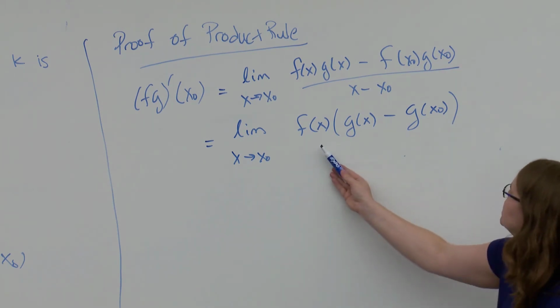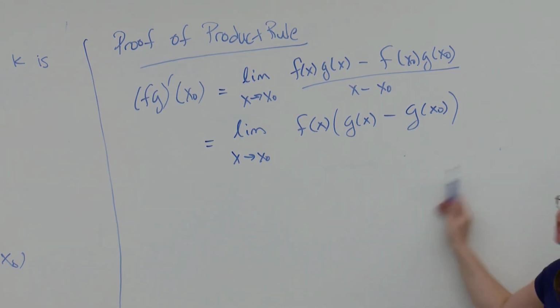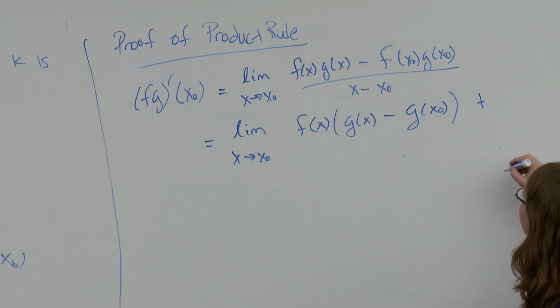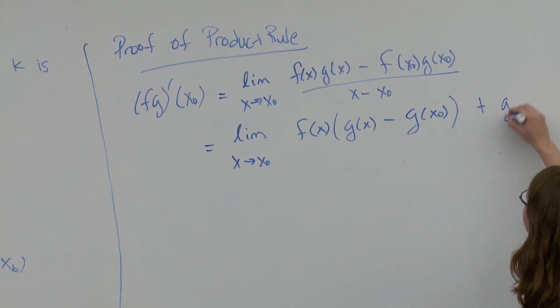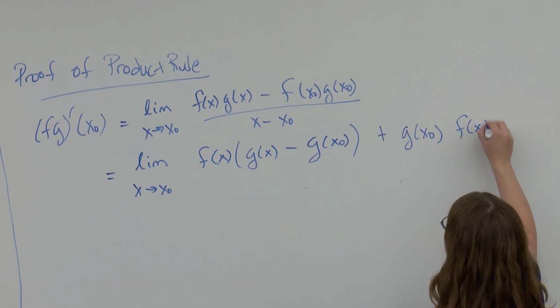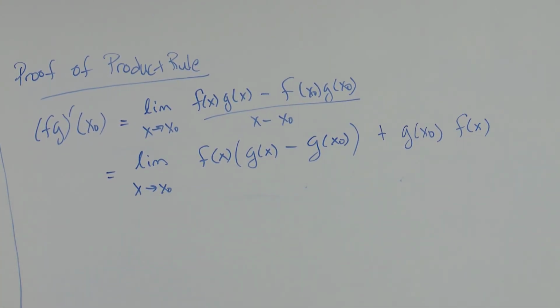I've just subtracted an f of x times a g of x naught. I did it not randomly, not for no reason, because I know I want terms like this popping up, but I better add it back on. So I'm going to have to add back on g of x naught times f of x. Right, so I didn't change anything there.